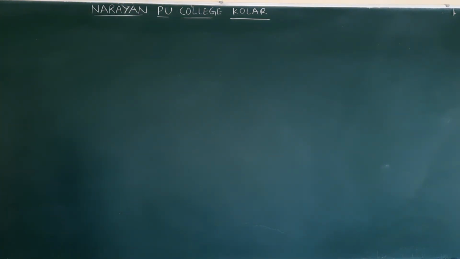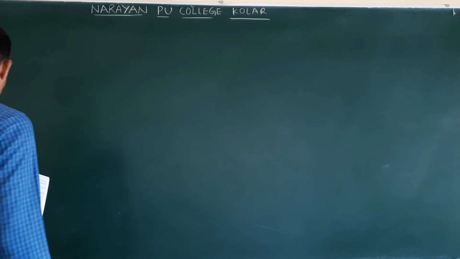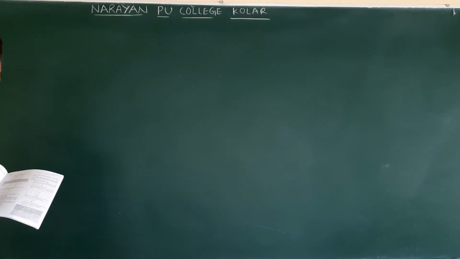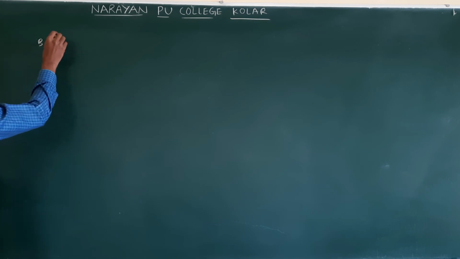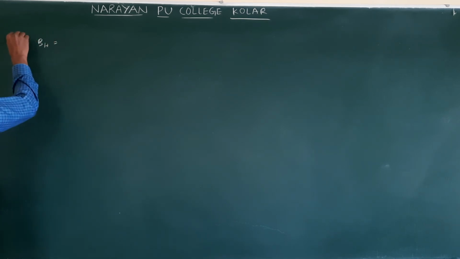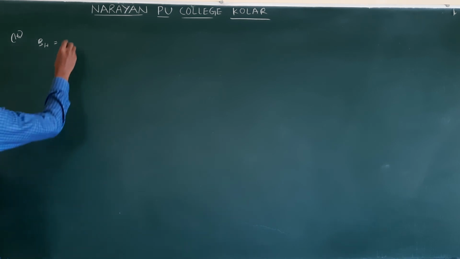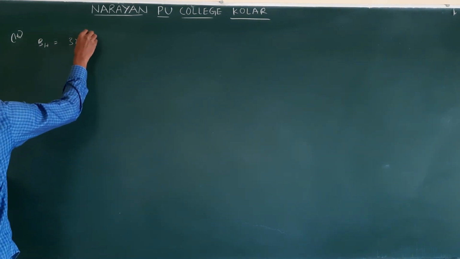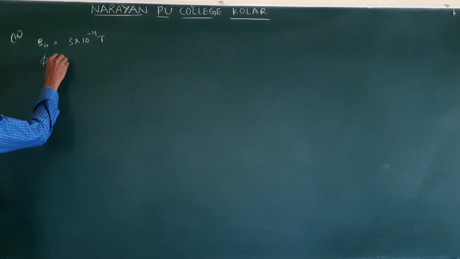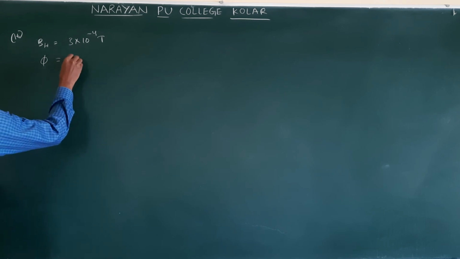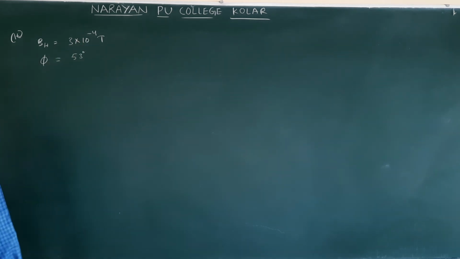The horizontal component is B_H, given as 3 × 10⁻⁴ Tesla, with a dip angle of 53 degrees.